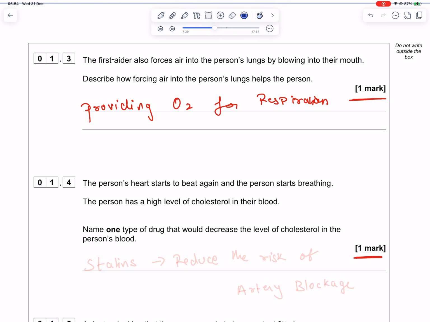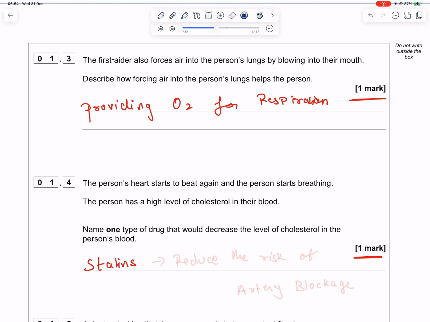Now, this is what I call factual recall. There's no concept behind this as such, but this is definitely information you need to know. The class of drugs which are used to lower cholesterol are called statins. They are specific drugs like atorvastatin, rosuvastatin.